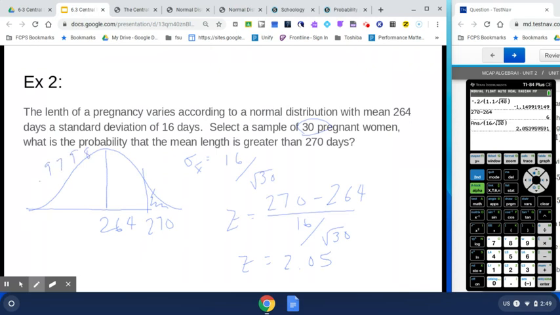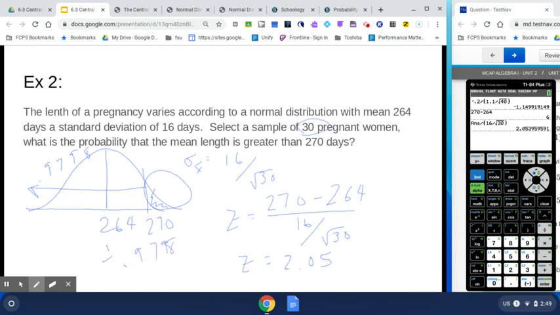Now that is the probability from this line to the left. So I'm going to have to use the complement rule to find this right shaded region. I'm going to take 1 minus that probability to get the probability that we want.